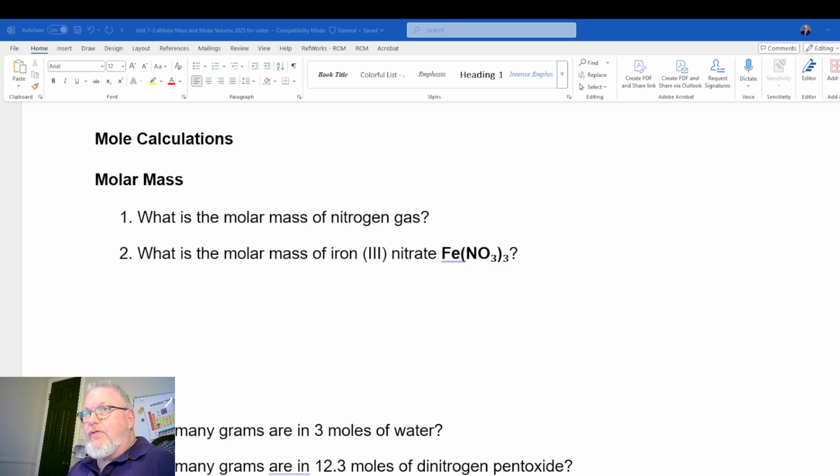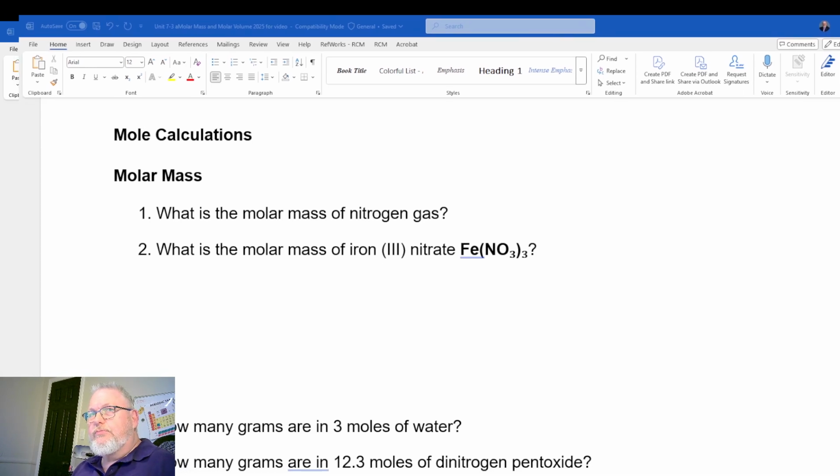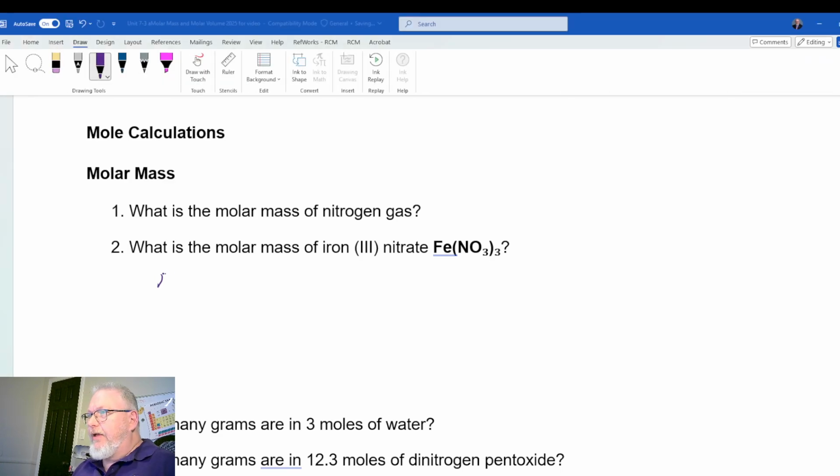All right. So what is the molar mass of iron 3 nitrate? There's the formula. So we write this formula. I've got 1 atom of iron. We have 1 atom of iron. It's by itself. It's a metal. This is an ionic compound. What do we mean by ionic compounds?